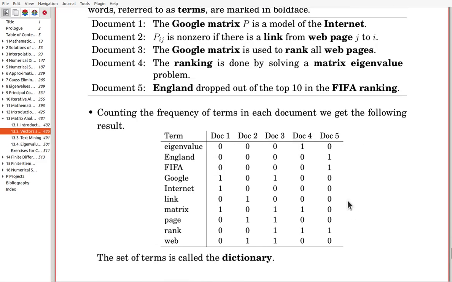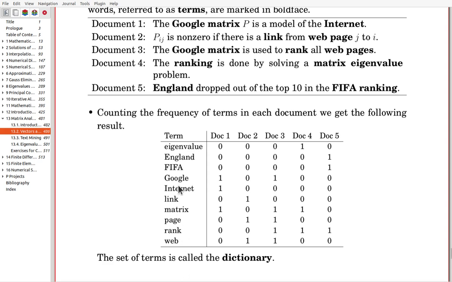Now, for these documents and the sentences in the document, we try to count the frequency of terms, and then we can get the following result. For example, document 1 has the keywords here, this, that, so that once you have terms, that is called the dictionary, ordered in this way.